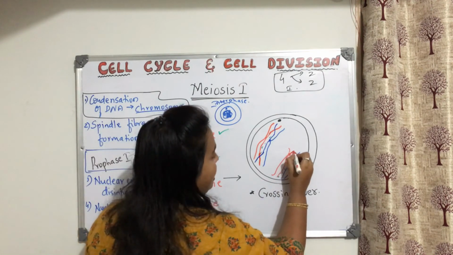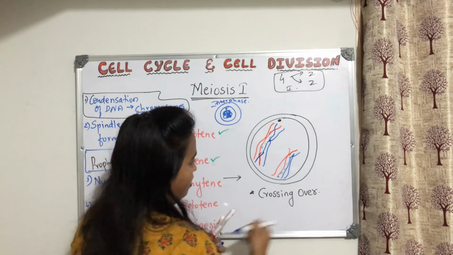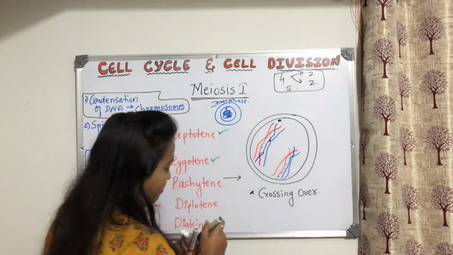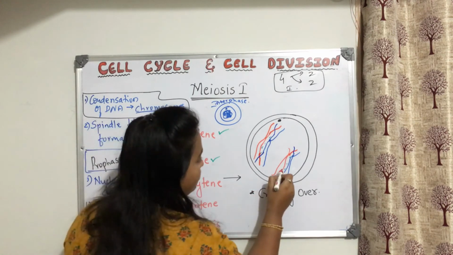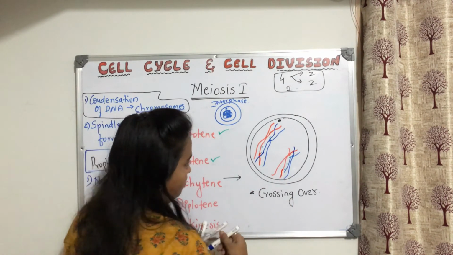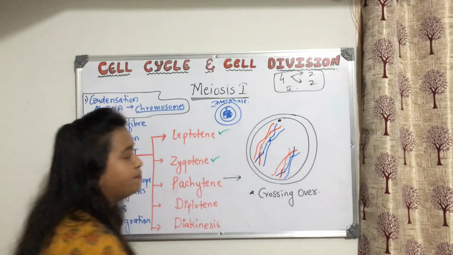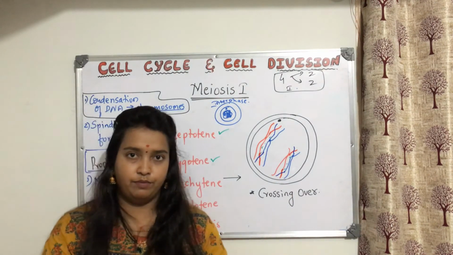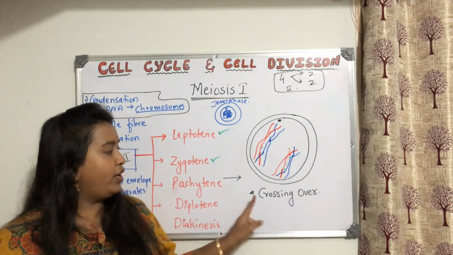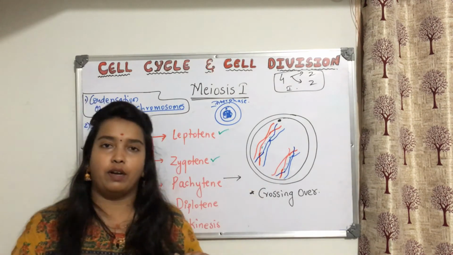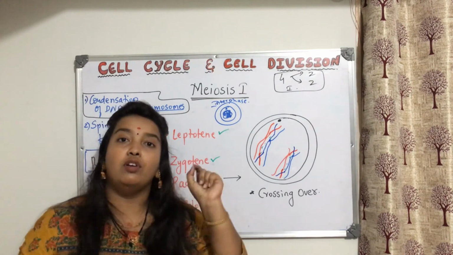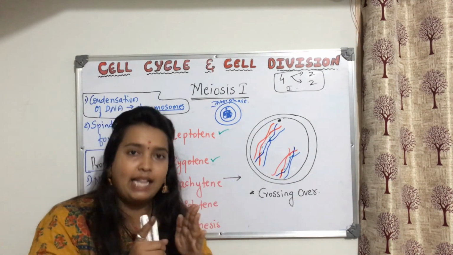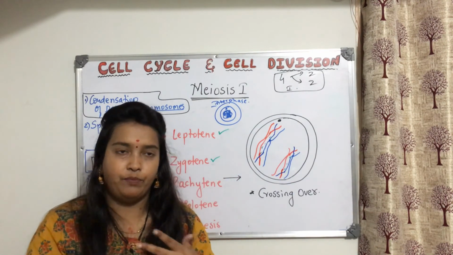You will see crossing over like this. So what you can see in pachytene is crossing over. I told you crossing over is nothing but crossing of non-sister chromatids. Because they are together, they cross each other.